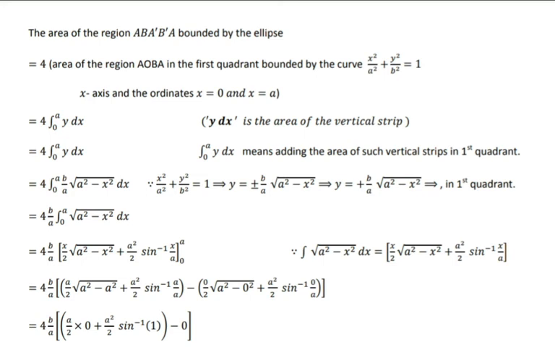So we have to express y in terms of x so that we can carry out the definite integral, and from there on we just have to follow the formula which we have in definite integrals, and the value that we get from there will be the area of the region under the curves, and this time it is the area enclosed by the ellipse in all the four quadrants.